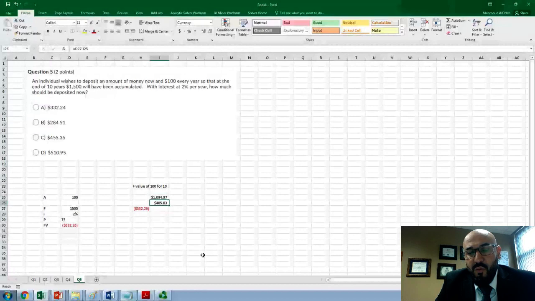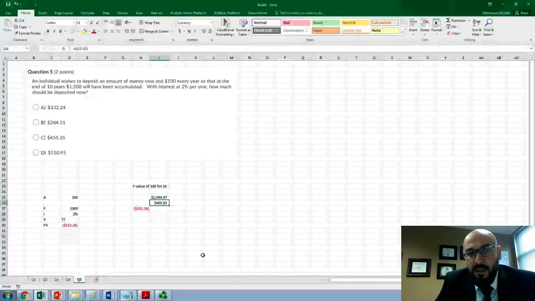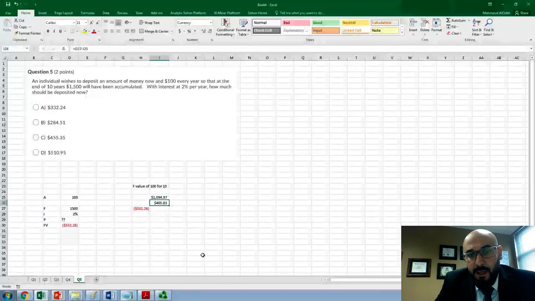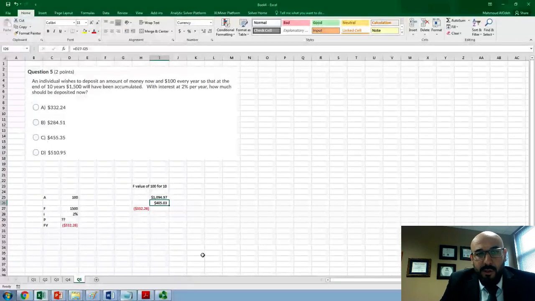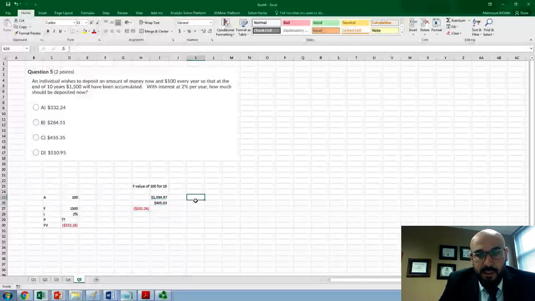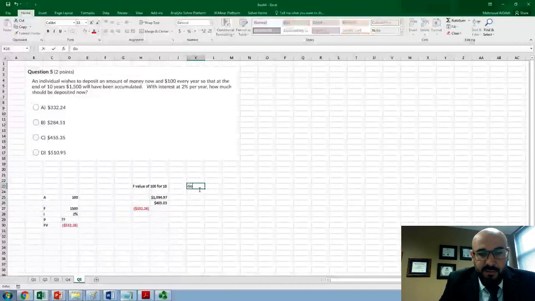So if you deposit 100 every year for 10 years, the future value would be $1,094. Now our goal is $1,500. This is the goal, to receive $1,500 in 10 years.